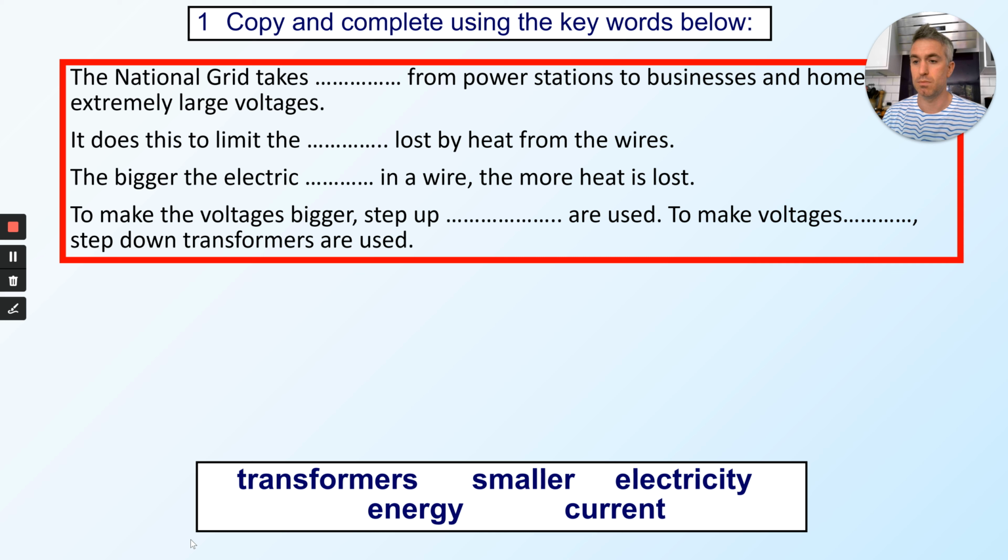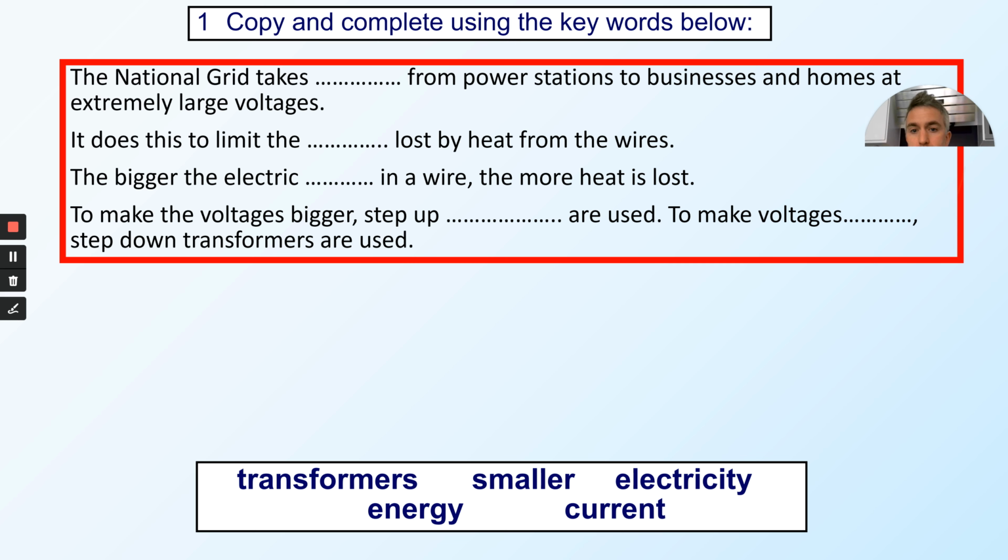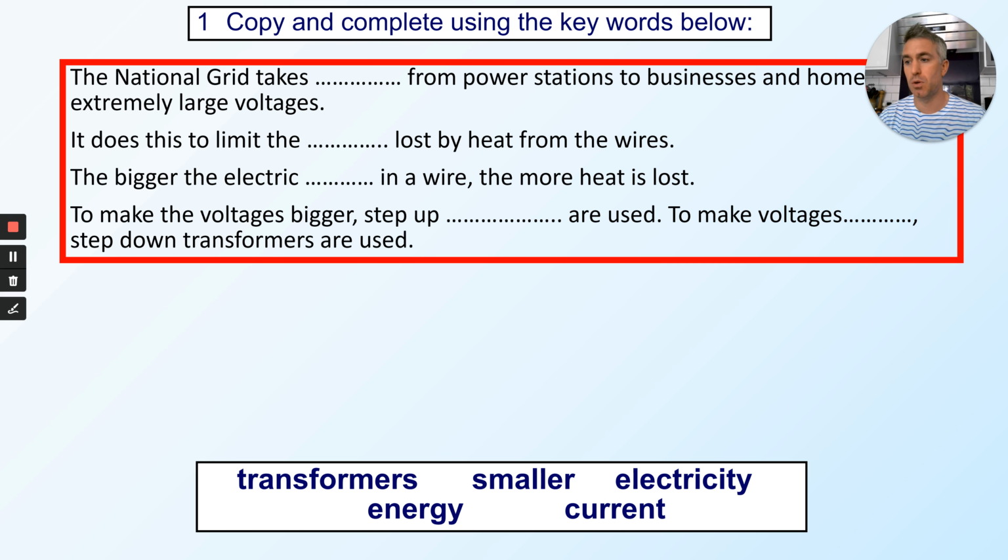Okay, so I have done a lot of talking, and I apologize, but it's the way to do it, I think, for this lesson. So here we have some questions. All you have to do is fill in the missing words. The National Grid takes electricity from power stations to businesses and homes at extremely large voltages.